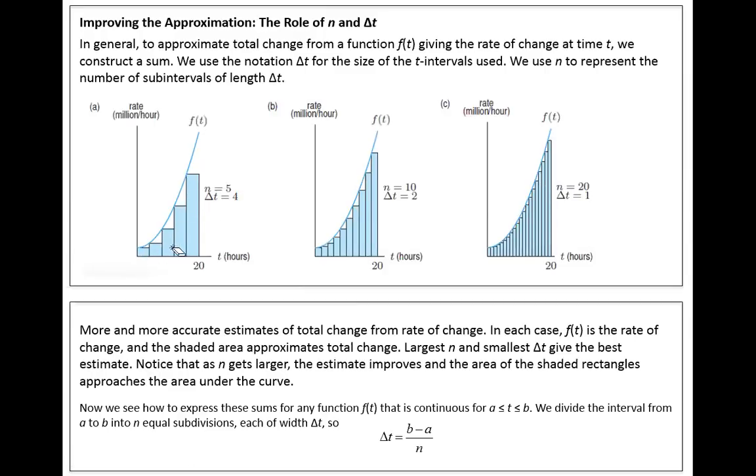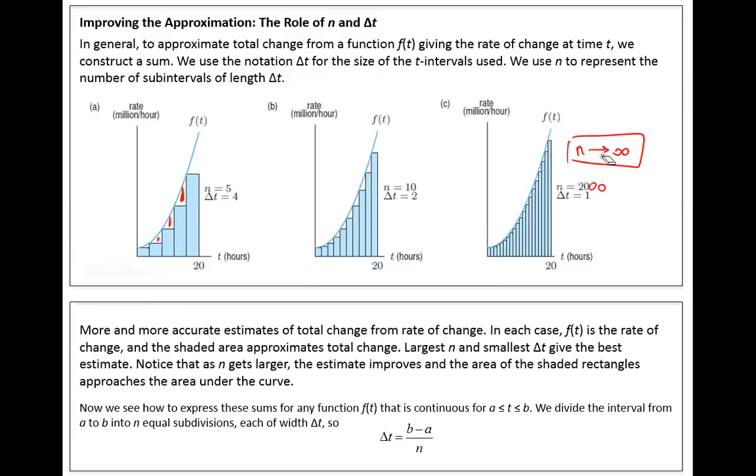We have 1, 2, 3, 4, 5 rectangles, but we do have some areas that we're not really using, so the approximation is not as good as, for example, if I pick 20 of them, or even 200, 2000. And of course, the best approximation is if n is infinite, if we have infinitely many of these rectangles.